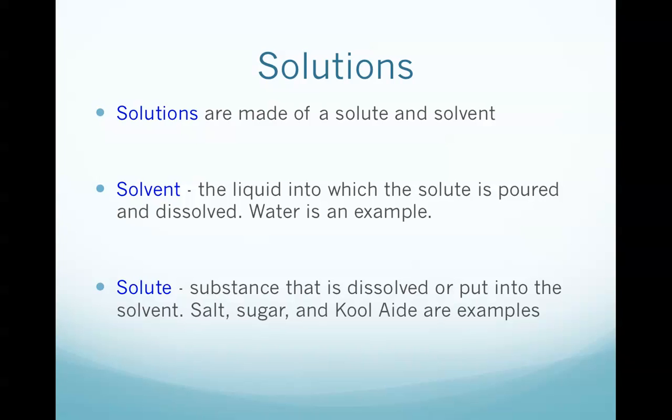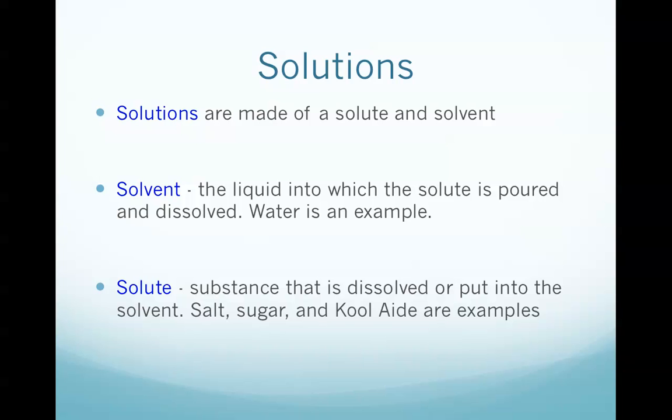If you have a package of Kool-Aid, you're going to pour the Kool-Aid into the water and that Kool-Aid will be dissolved into the water. Hence, the Kool-Aid in this case would be a solute, which is the substance that is dissolved in the solvent. Usually, a solvent is always a liquid.